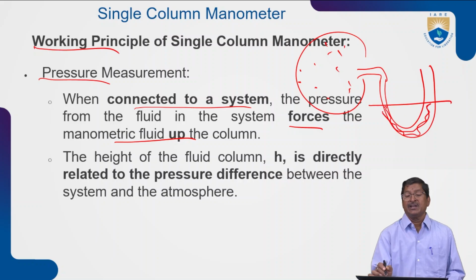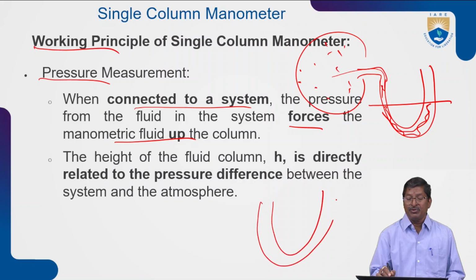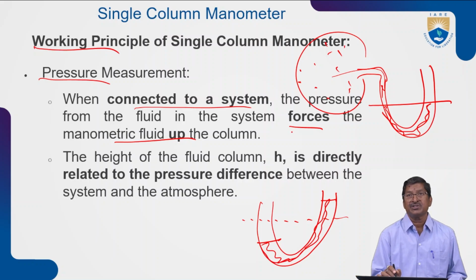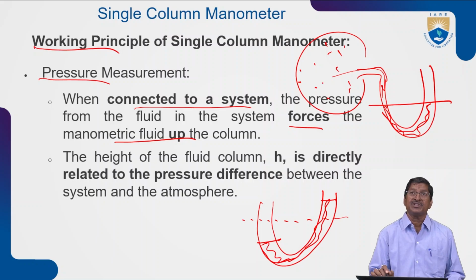Whenever it is connected to a system like pipes, because of the pressure existing in the pipes, this manometer fluid goes down here. Initially this is the level, so here it goes up. Okay. Now this is the position of the manometer liquid because of the forces applied by the fluids which are present in the pipe or device or system.